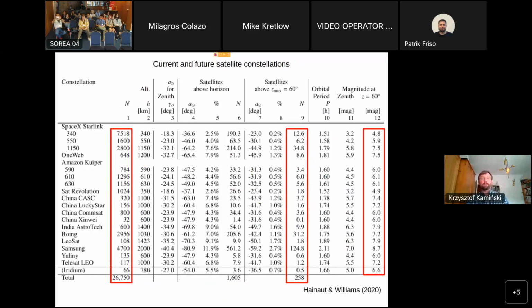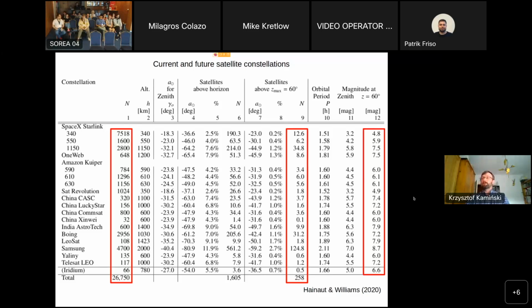Here we can see the summary of what was predicted in 2020. So how the satellite megaconstellations can grow, and adding SpaceX Starlinks and other projects together, the authors concluded that we can expect, well, basically a doubling of the number of satellites in the near future.